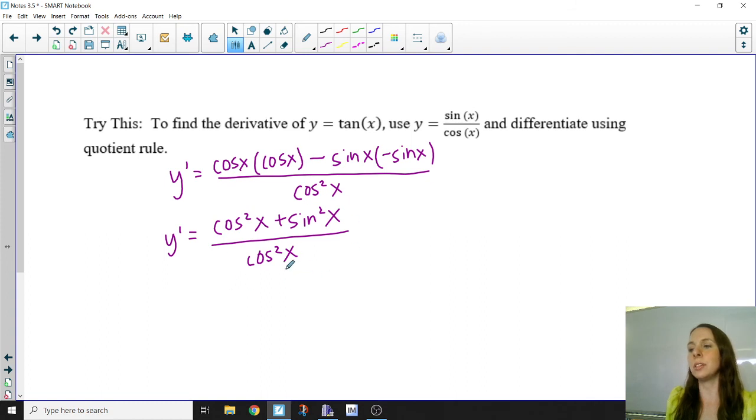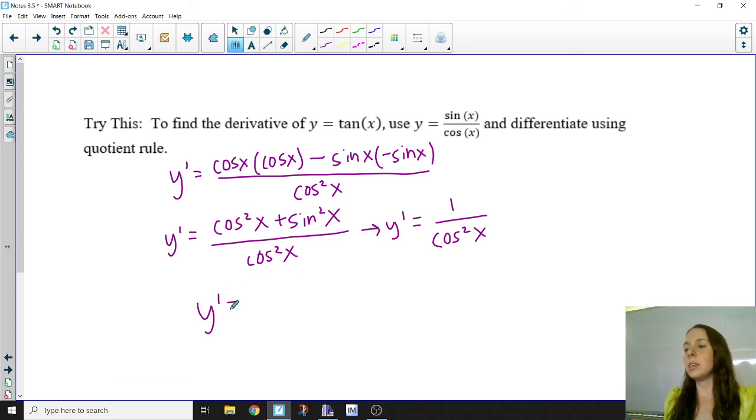I have students get to this point and they're just like, yeah, no. Okay, you can only divide out common factors. This is not a common factor in itself because it's attached to a plus sine squared. It's a term. Okay, but what can we do? We can change that entire numerator to 1, can't we? That's using that identity that says that sine squared plus cosine squared is equal to 1.